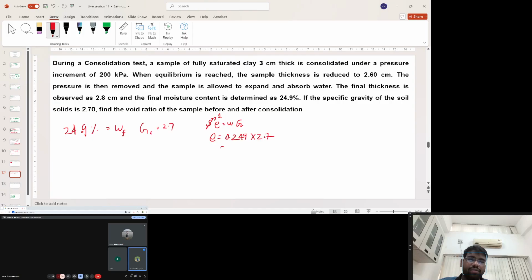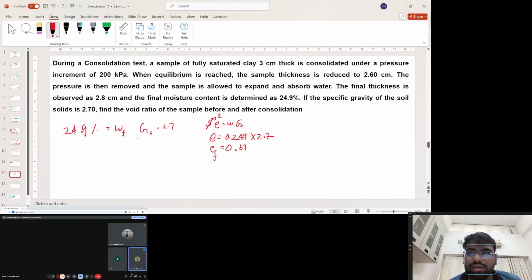How much are you getting? 0.6723. Void ratio will be limited to 2 decimals, so you can round it off to 0.67. This is the final voids ratio.